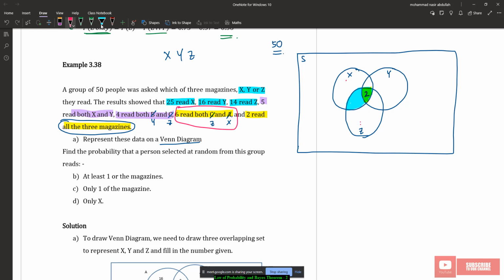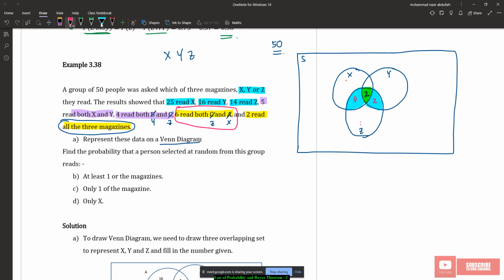So 2 orang dekat sini, tinggal balance 4. Okay. And next, kita boleh buat lagi satu. Y and Z dekat sini lah. So this is Y and Z, on the right hand side ni. So ada berapa? 4. So 2 dekat sini, 2 lagi kat sini.